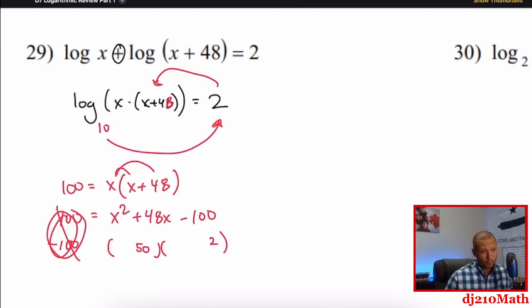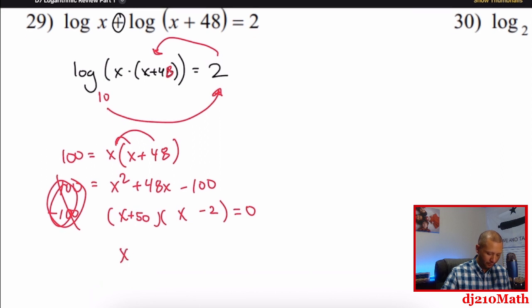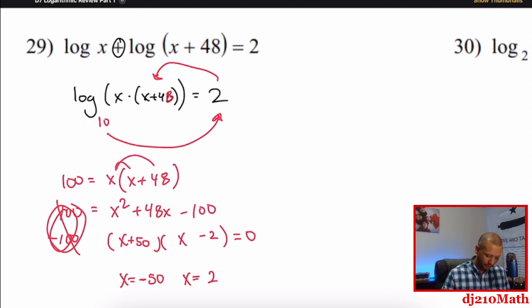One has to be negative because the middle term is negative. The smaller one is negative, just like in the last scenario. So 50 times negative 2 is negative 100, and 50 minus 2 is positive 48. This is equal to 0, so x is equal to negative 50 and x is equal to positive 2. Again, we look and see that the negative one is no good.